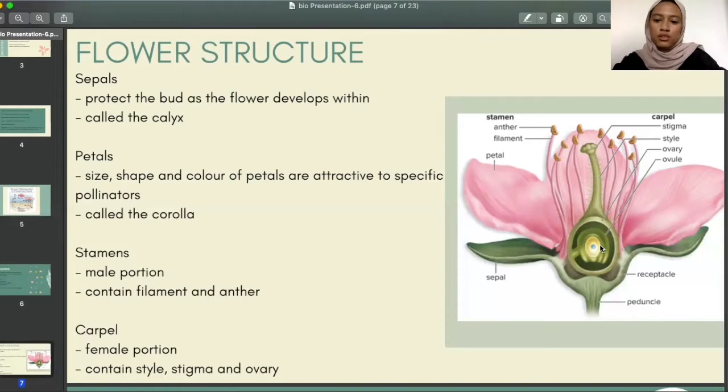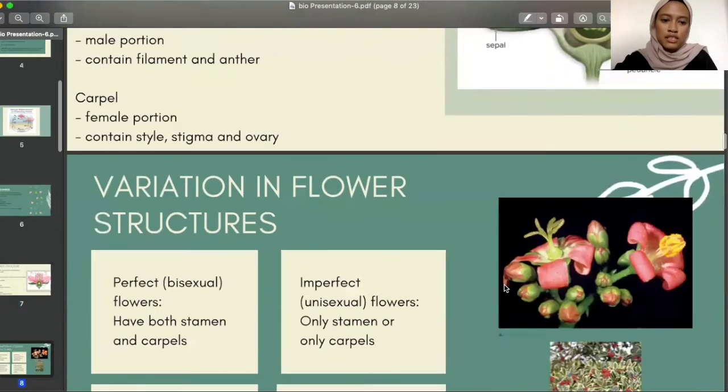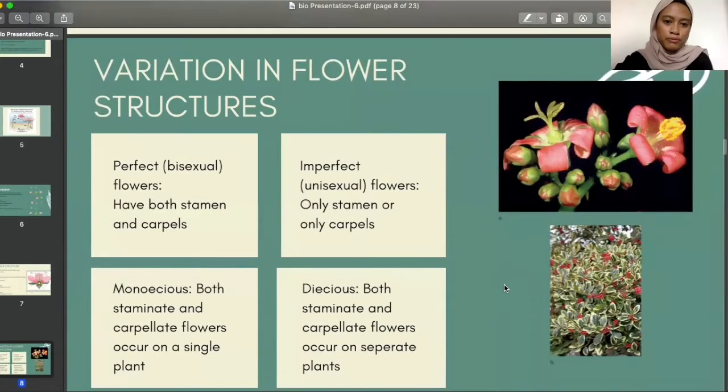And so that's all for flower structure. Next is the variation in flower structure. We're gonna look at the variation in flower structure. When a flower contains both stamen and carpels, they are called perfect flowers or bisexual because they have both stamen and carpels.